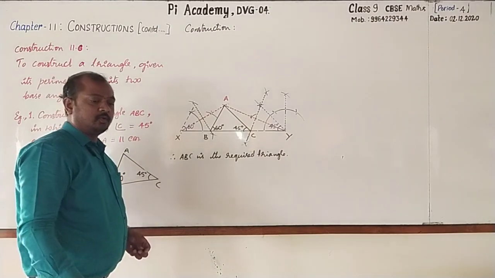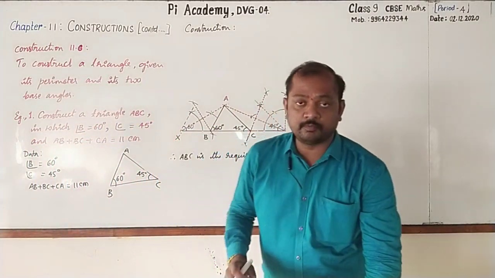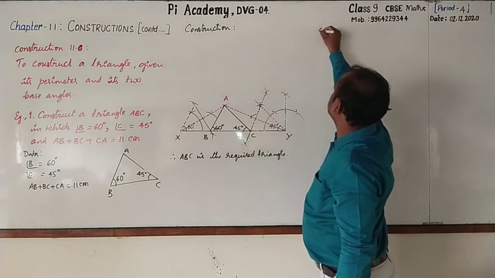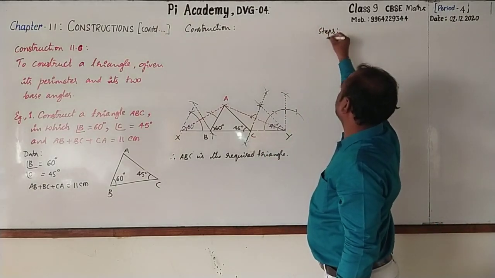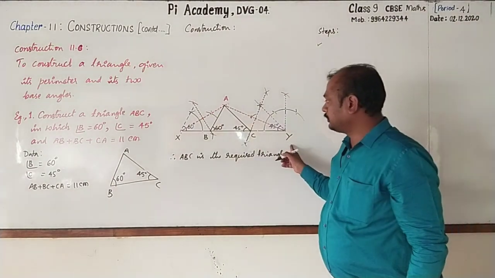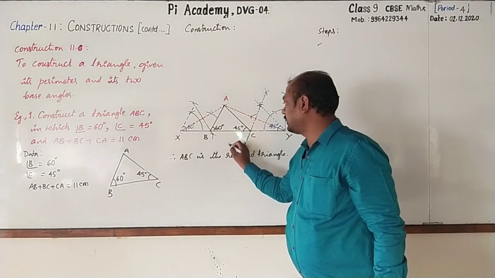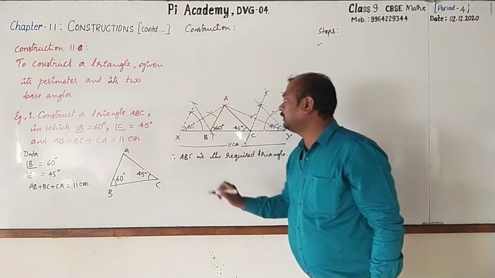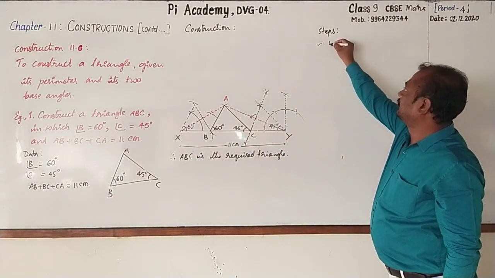Over? Okay. Now you have to write the construction with me. Steps of construction. First one. First, what we have done? We have drawn a line segment of length 11 centimeter. That is, we have named that as XY.